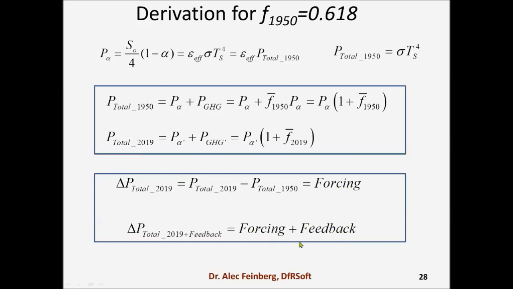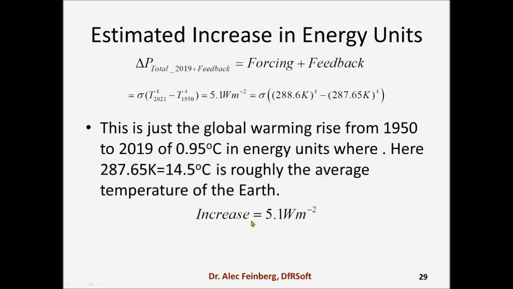So that gives us the forcing information. Then we have to add into that feedback. So this is one way to do it, and let's look at another way to do that. In the one way, let's look at the estimate first for how much global warming is occurring. We had about a 1 degree rise from 1950 to 2019.